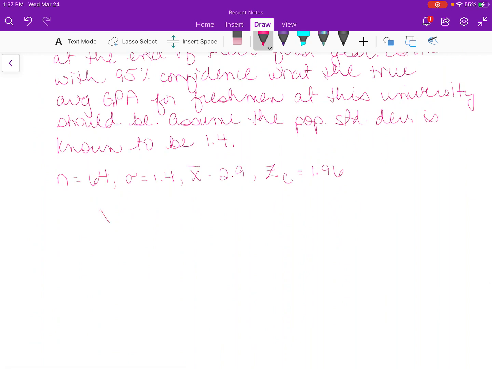So if I fill in my formula, X bar plus or minus Z sub C times sigma over the square root of N, my X bar is 2.9 plus or minus 1.96 times 1.4 divided by the square root of 64.